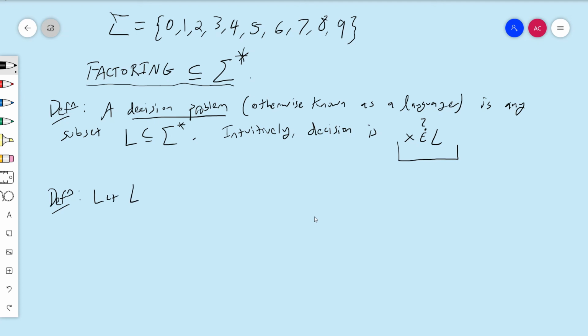Okay, so let L, okay, why is this a language, by the way? Why is the other word for decision problem a language? I am going to use the word language a lot by accident. It's because there's this very deep connection between computability theory and formal linguistics. There's a way to build languages out of an alphabet.